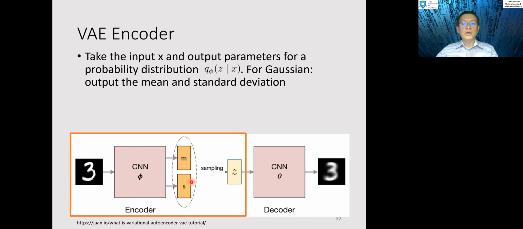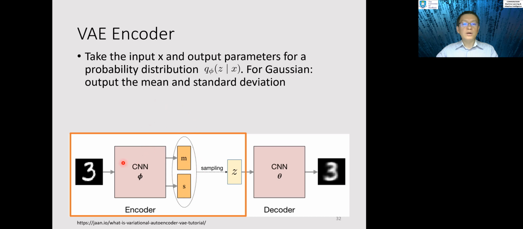For example, if we use Gaussian distribution, then we just need to generate the mean and the standard deviation or the variance. If we make a simplifying assumption that the covariance matrix is diagonal, then we just need to generate the standard deviation for each dimension. So that is the model.